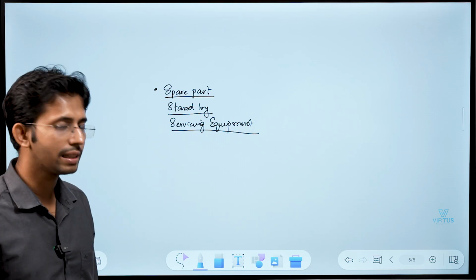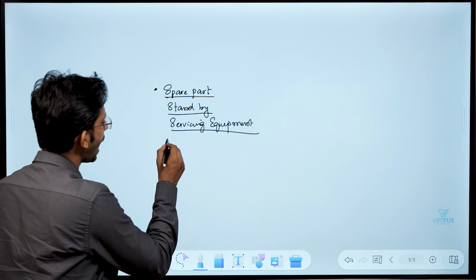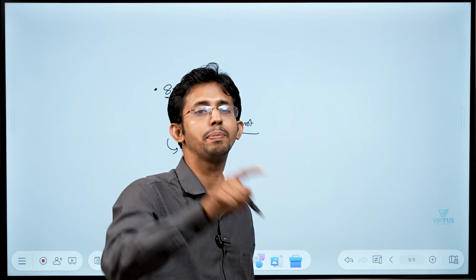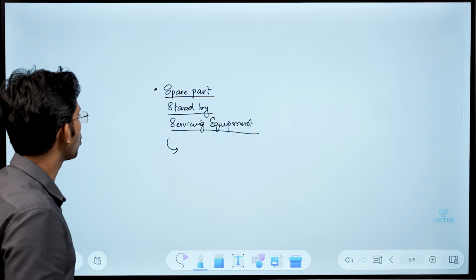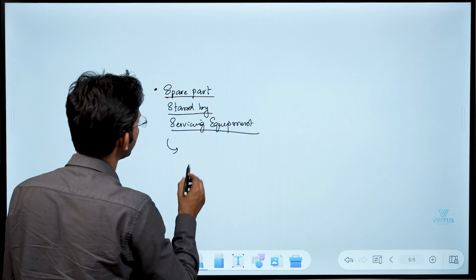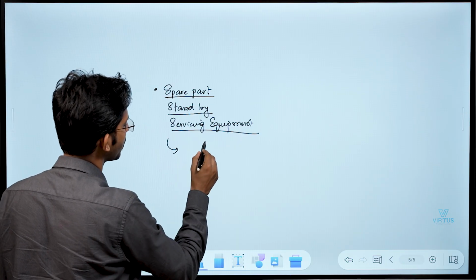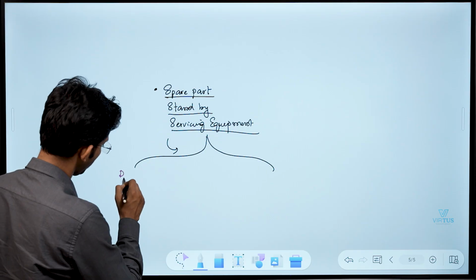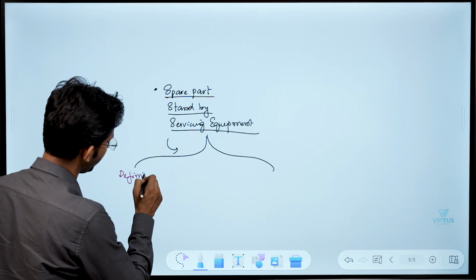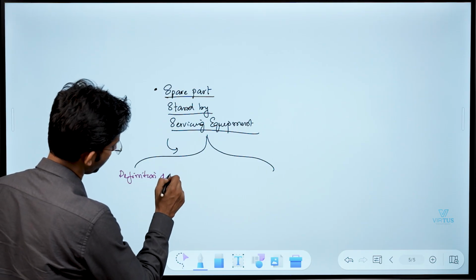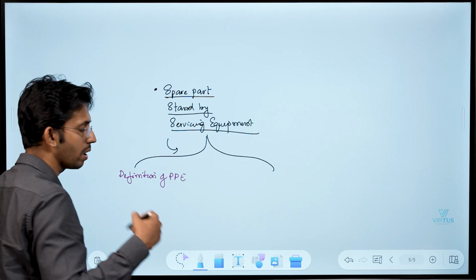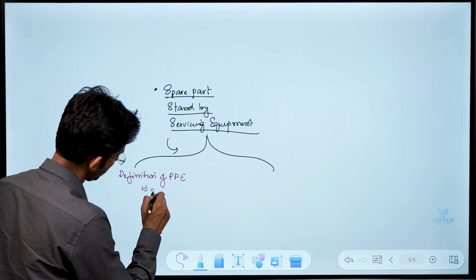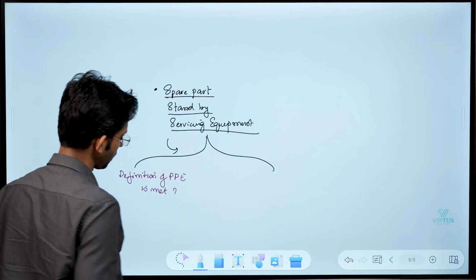The standard says that these things can be capitalized as PPE only when they meet the definition of PPE. So when it comes to spare parts or standby equipments or servicing equipments, we have to see whether the definition of PPE or the conditions for being a PPE are met.